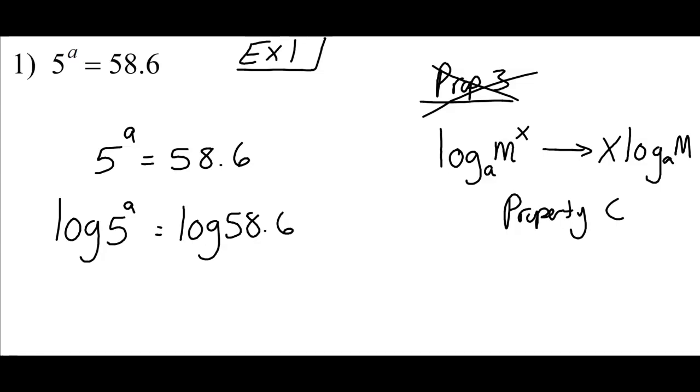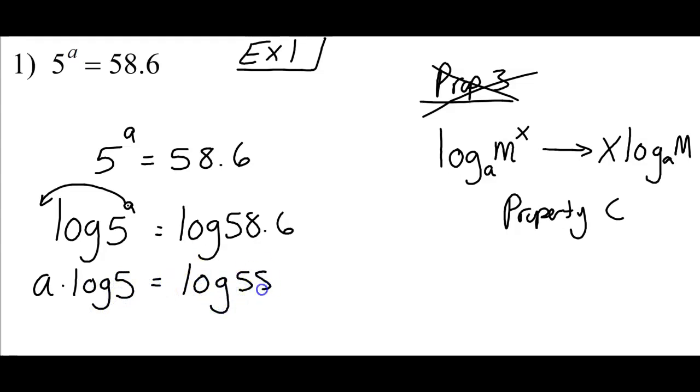Then we're going to use property C. Property C says I could take this A and throw it into the front as a multiple. Instead of a power, now it's a multiple. So step 1 is to log both sides. Step 2 is to apply property C.